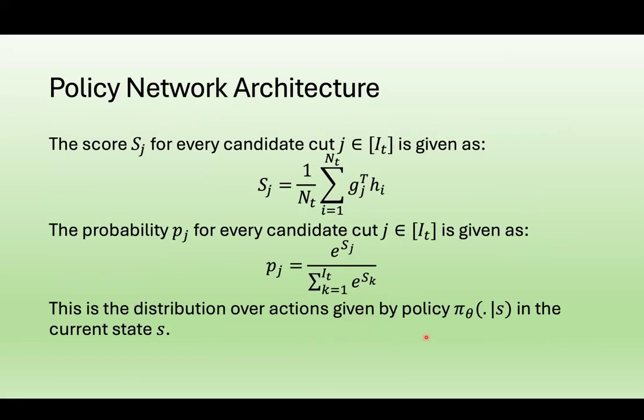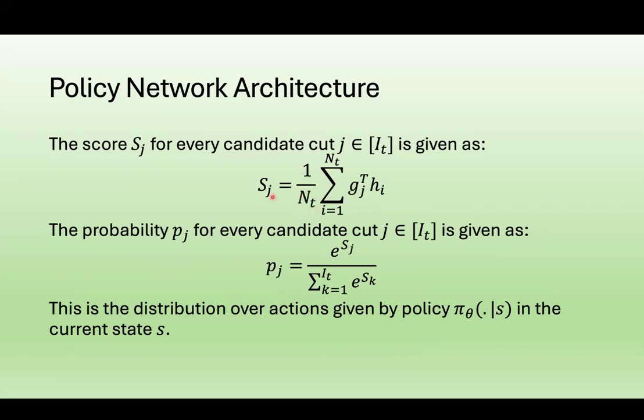Now we'll compute the score S_j for each candidate cut j belonging to I_t. So we pick the projection for a particular cut and take its dot product with all the projections of the constraints. We just sum it up and divide it by the total number of constraints.